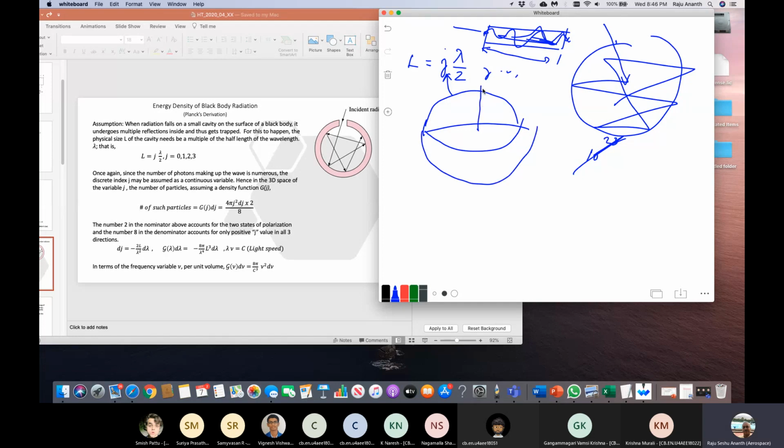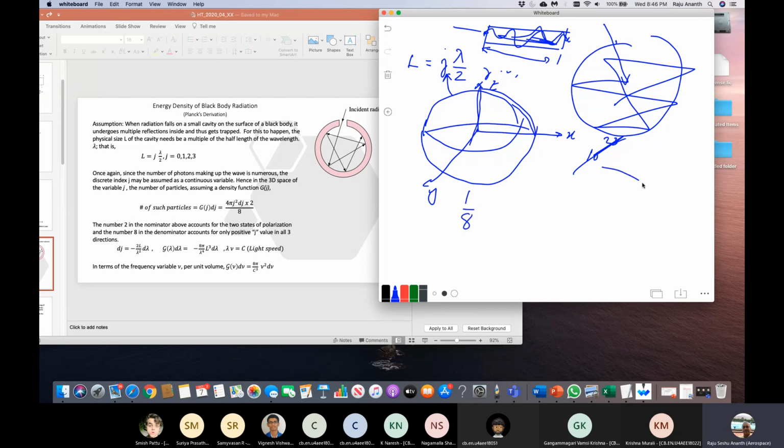So in 3 dimensions, this x, y, z has to be positive, because the wave number has to be positive. You cannot have a negative number. So what exactly is the proportion of the energy? I'm going to count how many such particles exist. So I need to count 1/8 of the sphere.